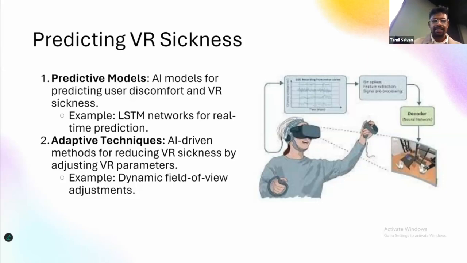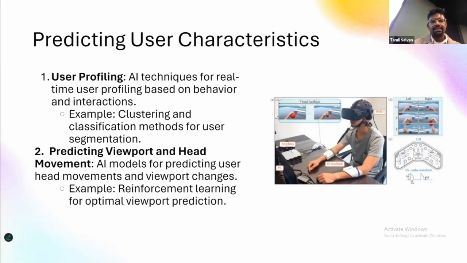The second part is, in a VR scenario we don't have an object physically present. It's all digital. So how do you know which object they are going to interact with?